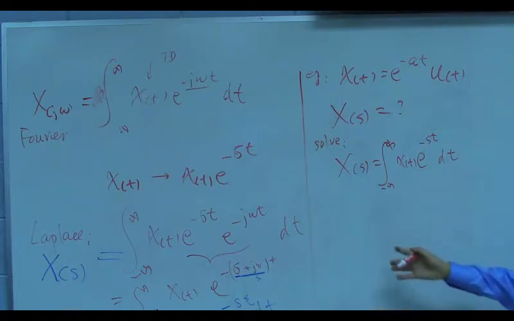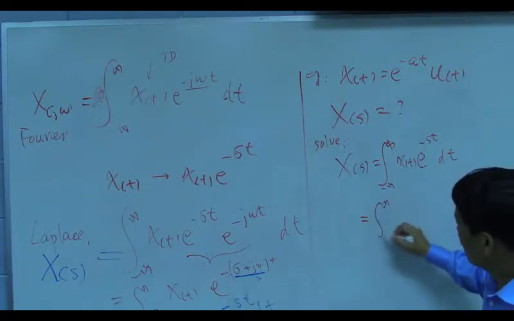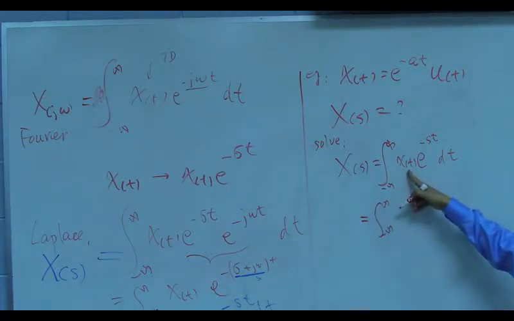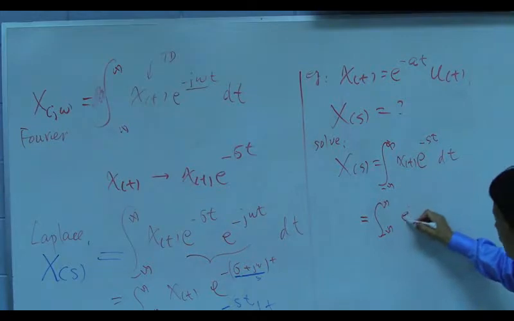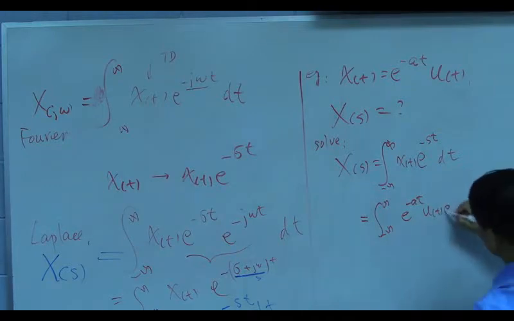That is only the copy of the formula, right? That's the first step. Now copy this, and we plug in x(t). x(t) is given, right? That equals e to the negative at u(t) times e to the negative st dt.